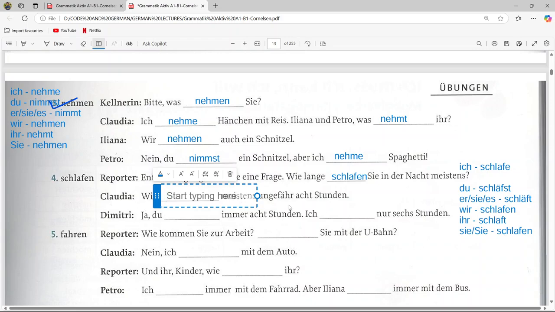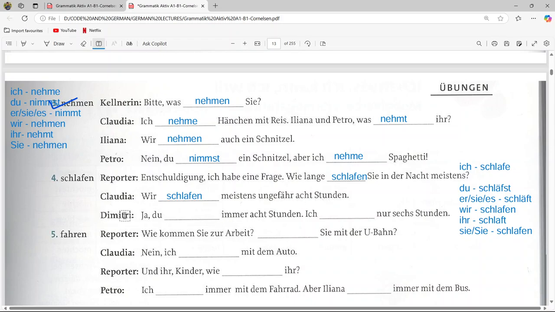For wir it is also schlafen. So wir schlafen meistens ungefähr 8 Stunden. So we mostly sleep approximately 8 hours. So ungefähr means approximately, meistens means mostly.